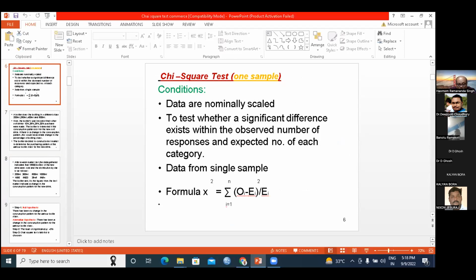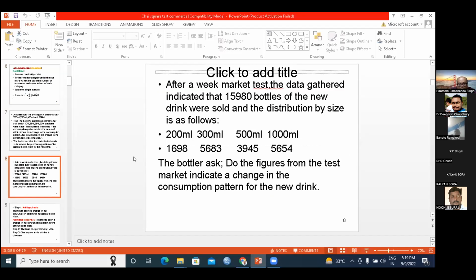For applying chi-square, every cell should have data more than 5. In some cases you'll find that cell counts are less than 5, and people apply chi-square wrongly. The condition is that every cell should have more than 5, and the total number of items should be more than 50.